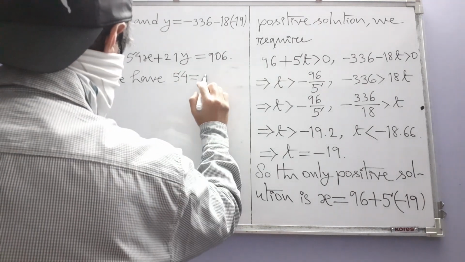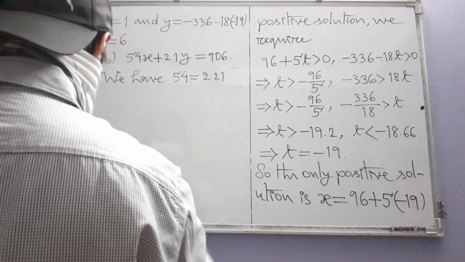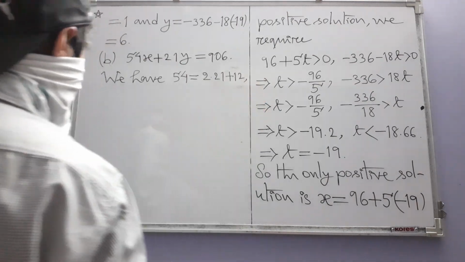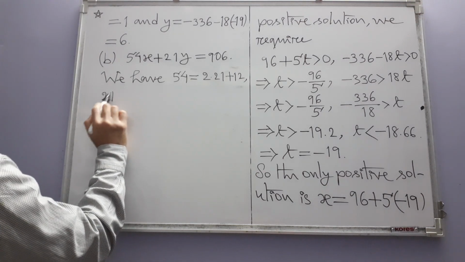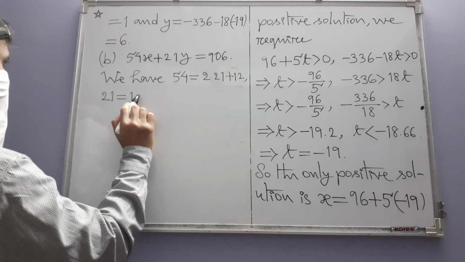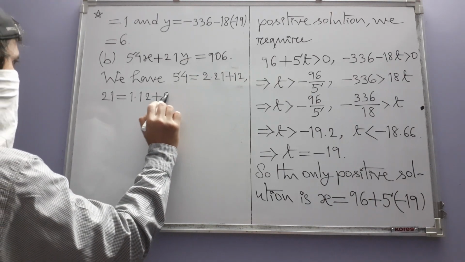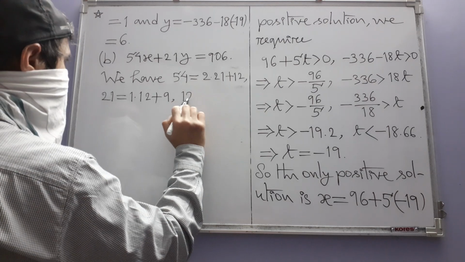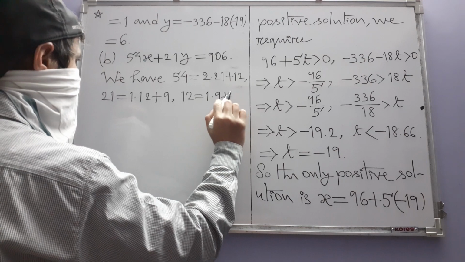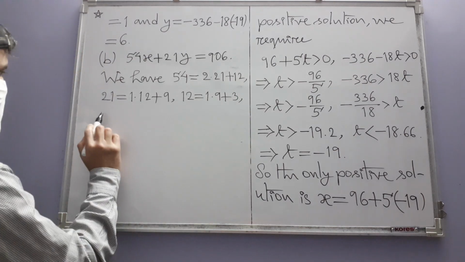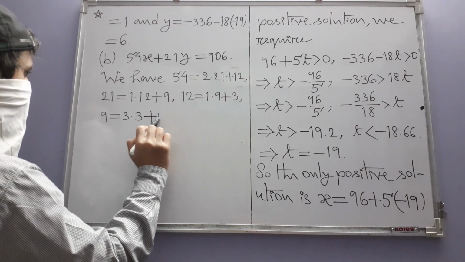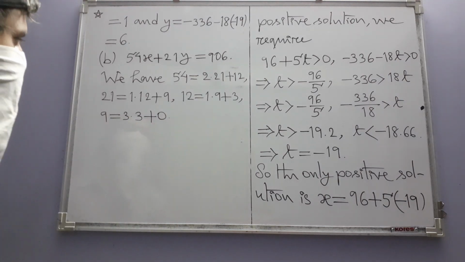So the relevant equations are these: plus 12, then you divide 21 by 12, then you get 1 times 12 plus 9. Then you divide 12 by 9, the remainder is 3, and divide 9 by 3, the remainder is 0. So here the process stops.